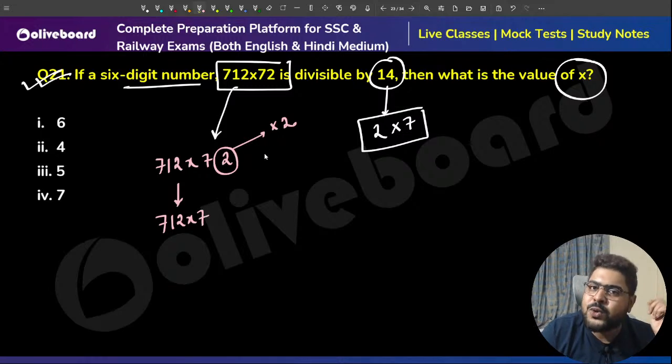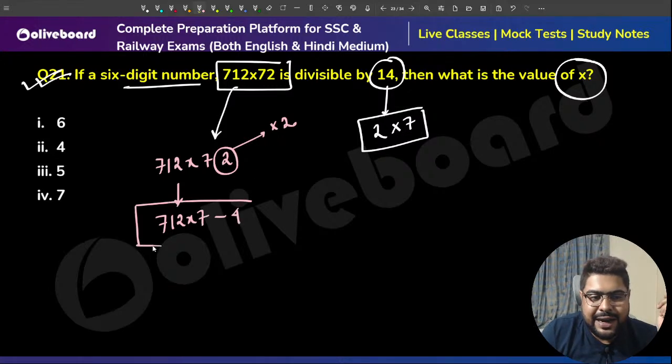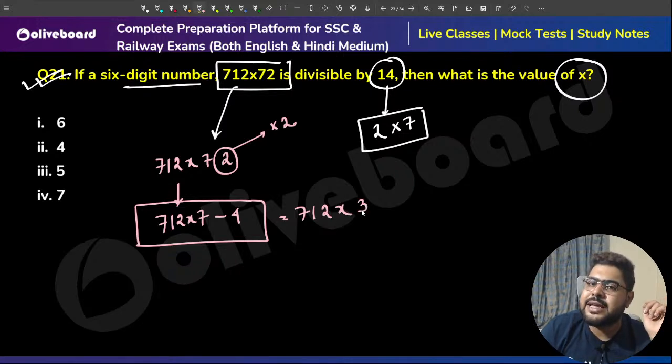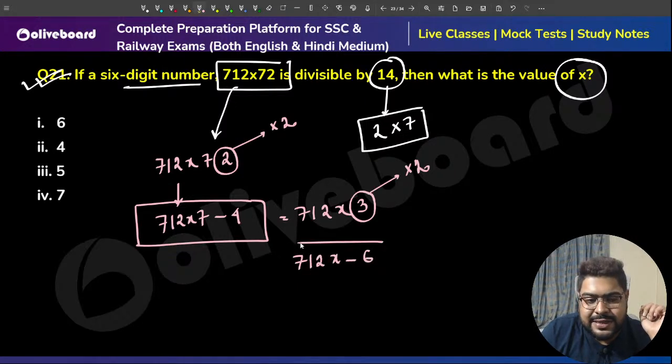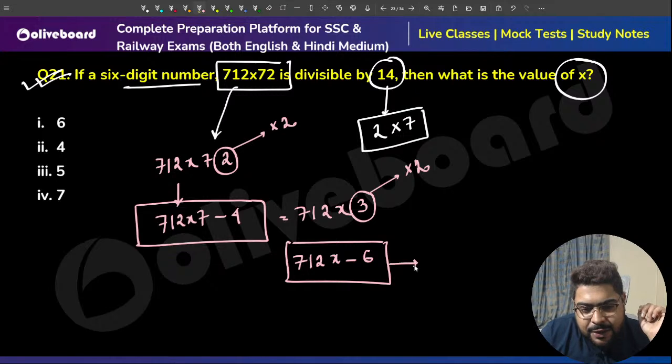You multiply 2 into 2, 4, and subtract. So 712x, now it becomes 3, 7 minus 4. Again you do the same thing: multiply this, so it becomes 712x minus 3 twos are 6. Now tell me, this has to be divisible by 7.